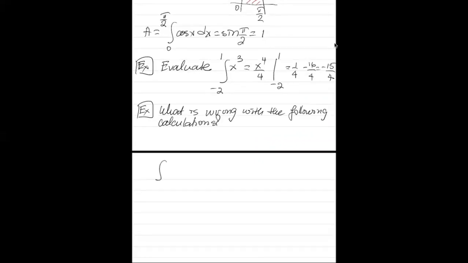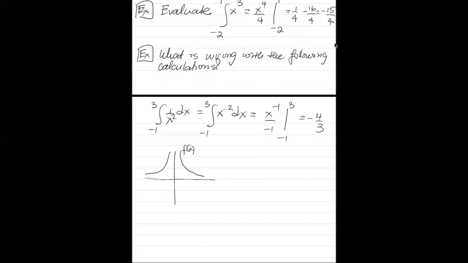So I have the integral from negative 1 to 3 of 1 over x squared dx, and we're proceeding by writing this 1 over x squared as x to the negative 2. For the antiderivative, you add 1, so x to the negative 1 over negative 1, evaluate from negative 1 to 3, and you get negative 4/3. So something is wrong with this calculation.